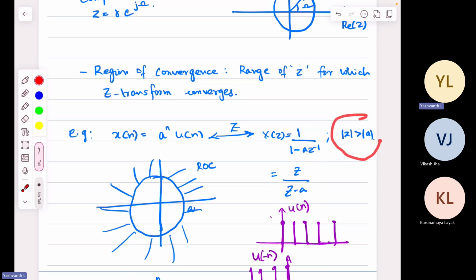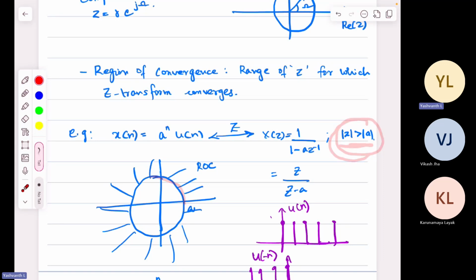Now what is this essentially saying? You take the amplitude, that is the radius of the complex number, and that should be greater than mod a. Let's say a is some real number, and mod a is something like this. This is the region exterior to the circle mod z equal to a.